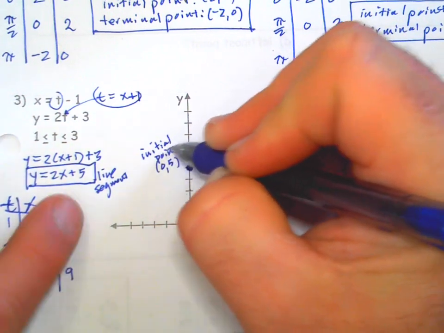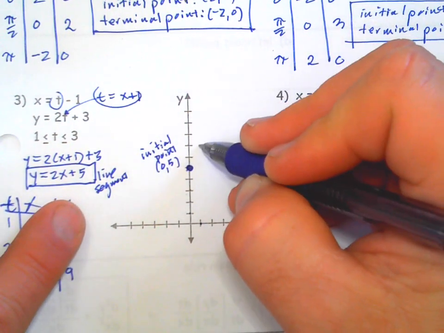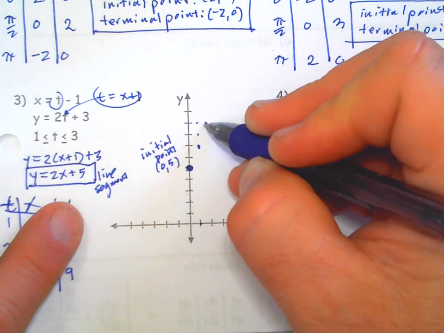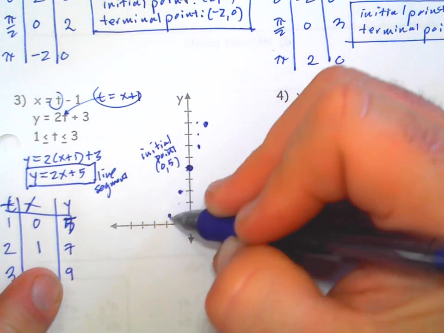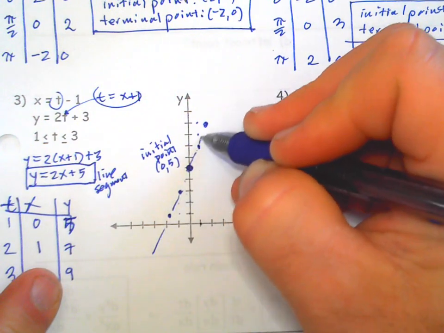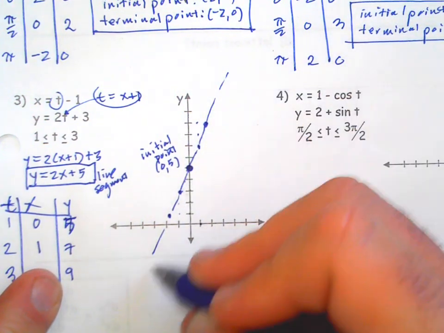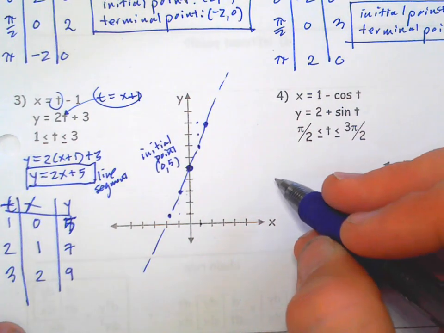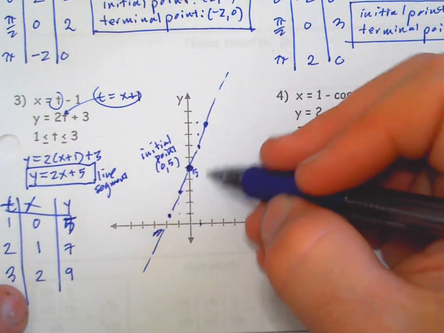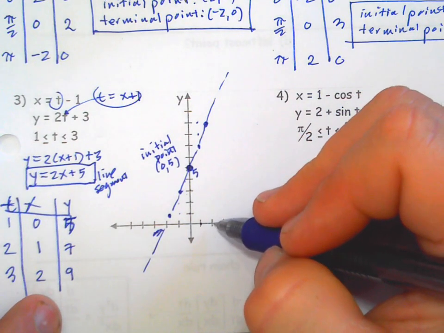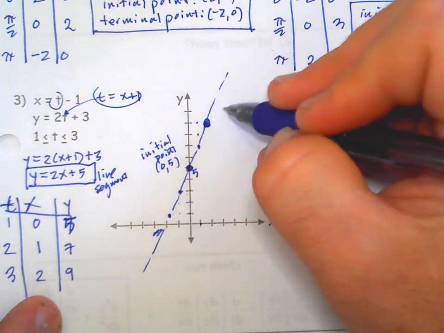I mean, we could just graph this line: 5, up 2 over 1, up 2 over 1, down 2, back 1, down 2, back 1. And you could just graph it lightly. So, and then at time 3, 2, 9 is up here.